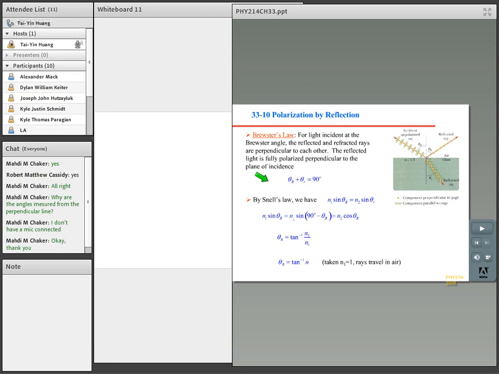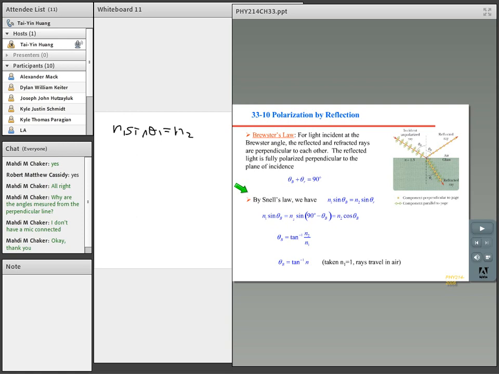So let's look at how light propagates by using Snell's law. Let's say we have a case where both n1 and n2 are the same, meaning they have the same index of refraction. What's going to happen to the refracted ray? Because n1 is equal to n2, by Snell's law, n1 sine theta 1 is equal to n2 sine theta 2.